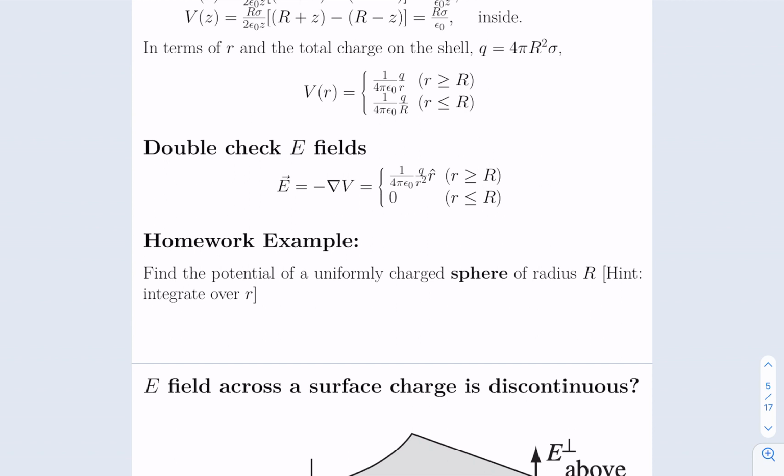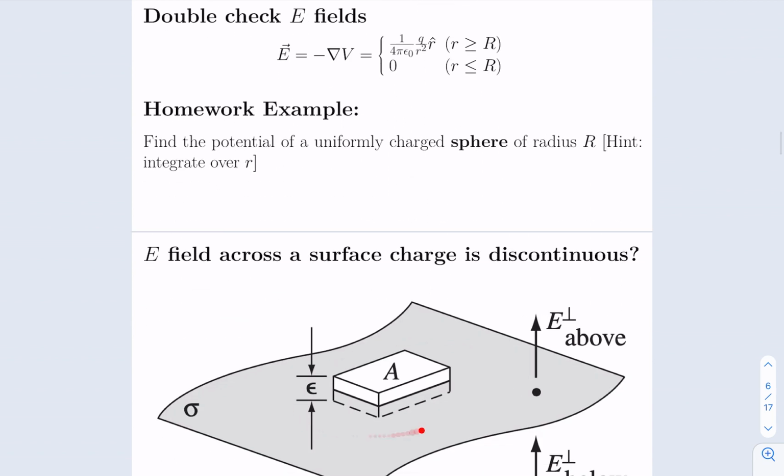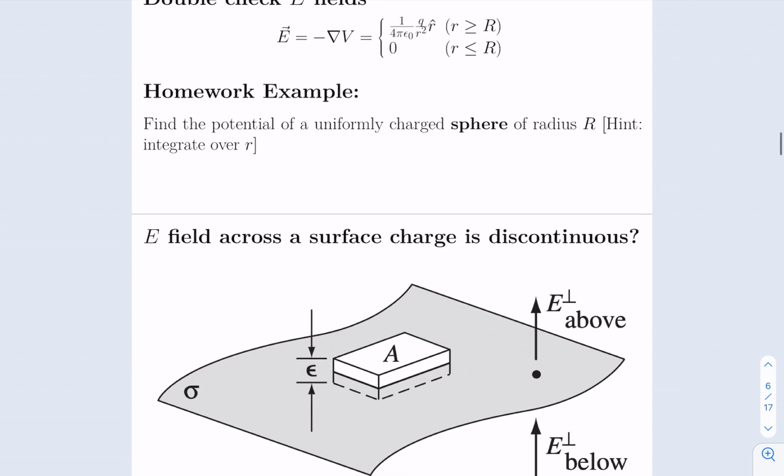Looking microscopically at this surface with a specific surface charge, the E field slightly above the surface can be drastically different from the E field below. What exactly is the relation between these two? This is what we want to find out.